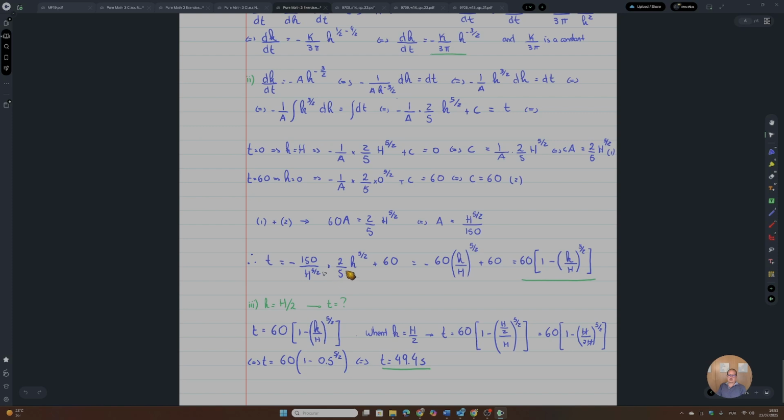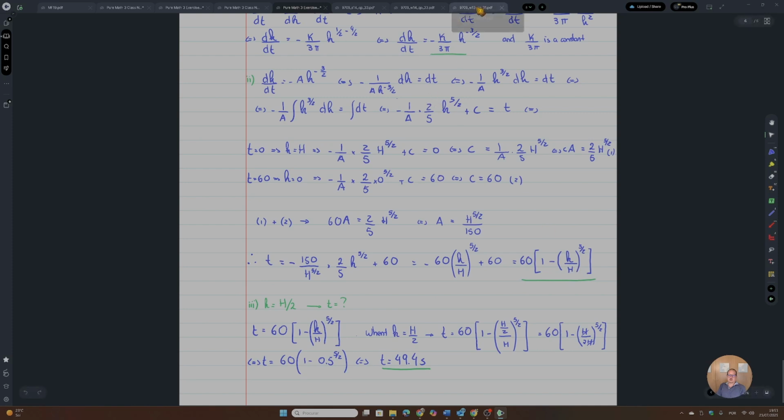Okay, this is just 60, the result of multiplying 150 times 2, that's 300 divided by 5, that's 60. You still have that minus, so minus 60 plus 60, and now I can factorize the 60, and this is the expression for t in terms of lowercase h and uppercase H.